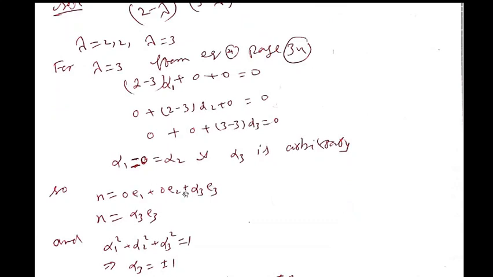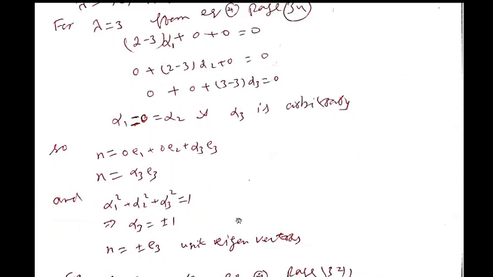What would be the eigenvector? We know that n is alpha 1 e1 plus alpha 2 e2 plus alpha 3 e3. Alpha 1 and alpha 2 are 0, so the eigenvector is alpha 3 e3. Alpha 3 can be any value, so we have infinitely many eigenvectors by changing the value of alpha 3.